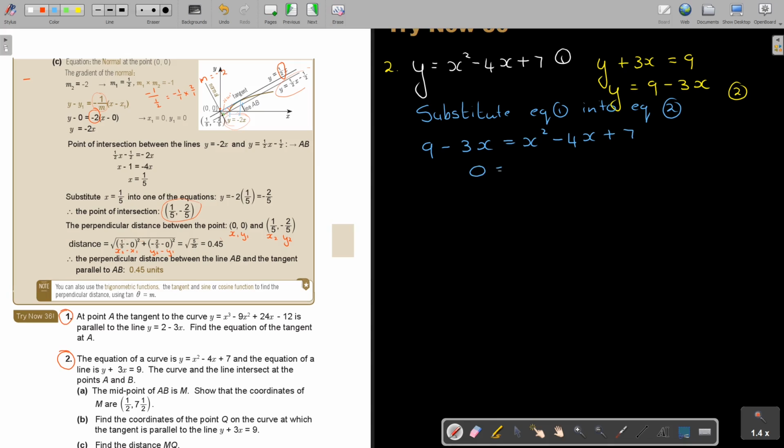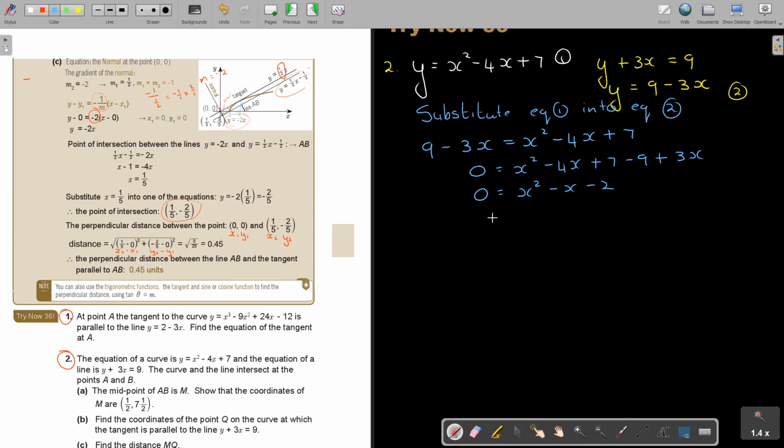So 0 equals x squared minus 4x plus 7 minus 9 plus 3x, which is 0 equals x squared minus x minus 2. That is what I'm getting.